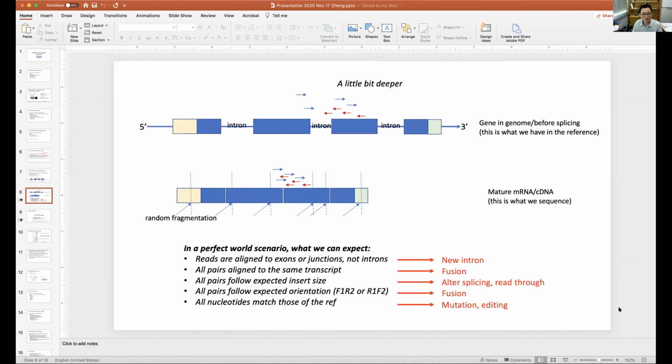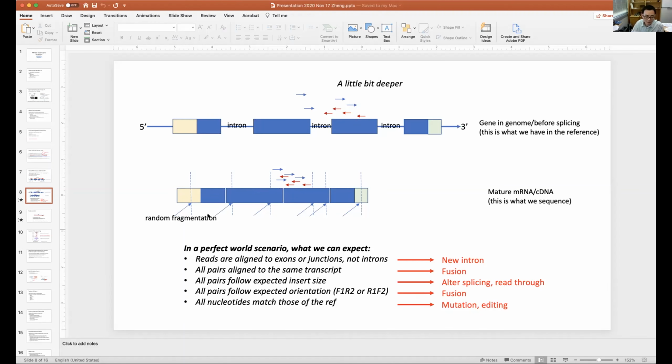So if you look a little bit deeper into the alignment, this is what we have shown in the previous slide, and the reads are aligned to exons, and some reads are aligned to exon boundaries, part in the intron, part in exon. But this is what the gene looks like in the reference genome.